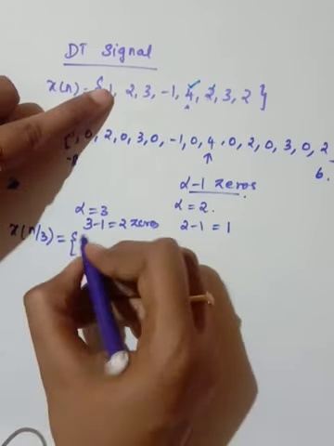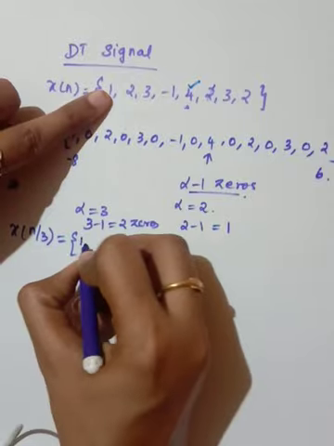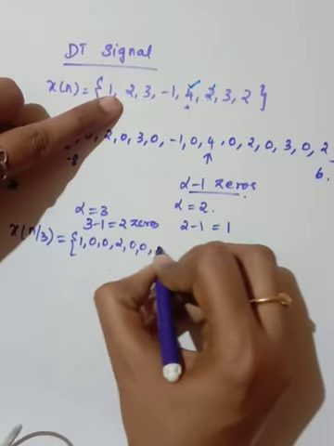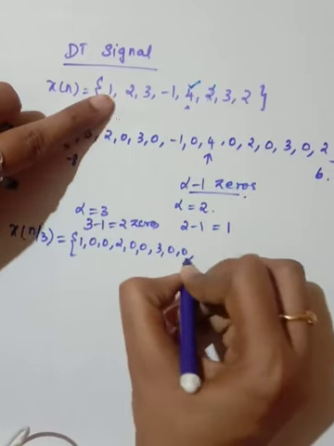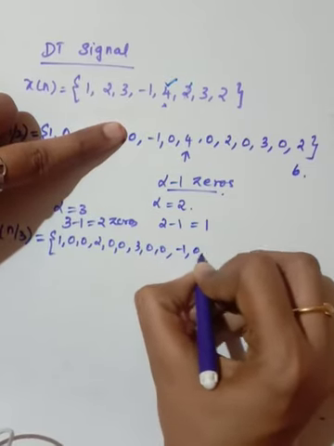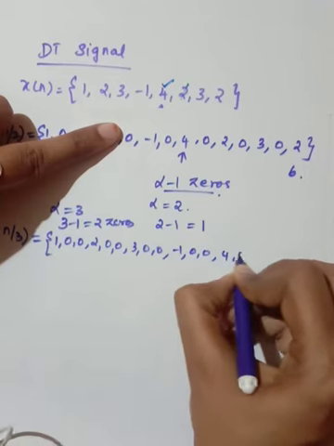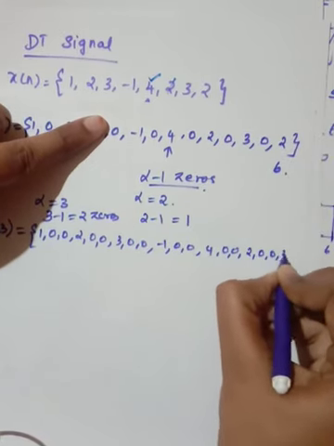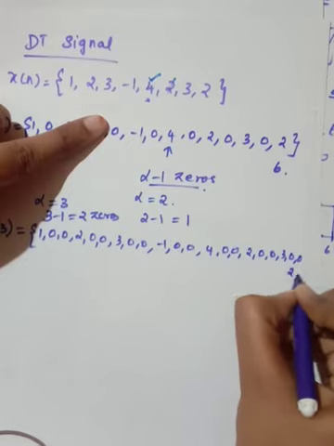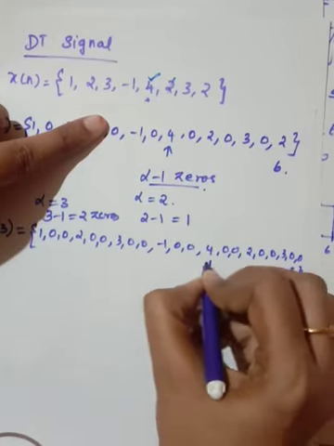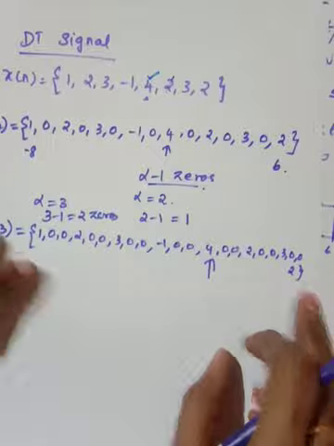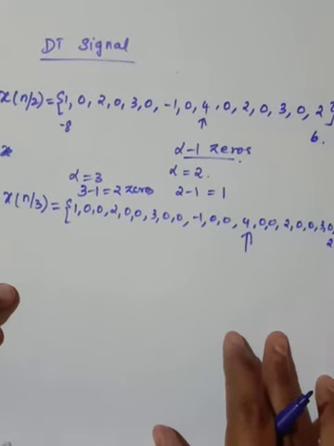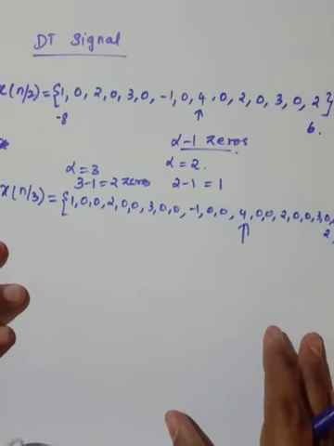Now this sequence will become 1, 2 zeros, 2, 2 zeros, 3, 2 zeros, minus 1, 2 zeros, 4, 2 zeros, 2, 2 zeros, 3, 0 0, then 2. So this is the value at the origin. Now the signal is getting more expansion. This is the inference you need to analyze from this.